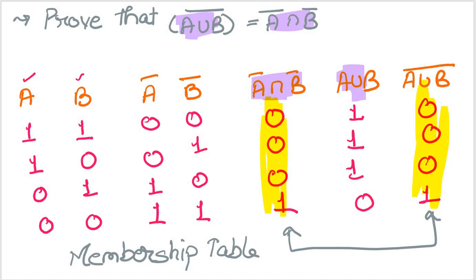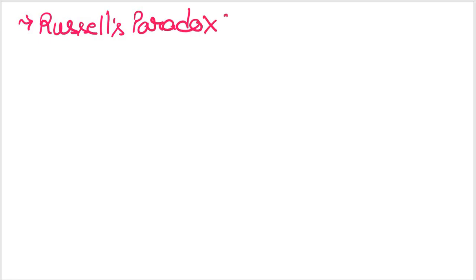Now let's talk about a very interesting paradox, which is for your understanding. This thing is called Russell's paradox, not Andre Russell, it is Russell's paradox. A very interesting concept.